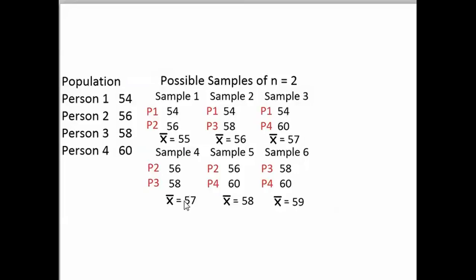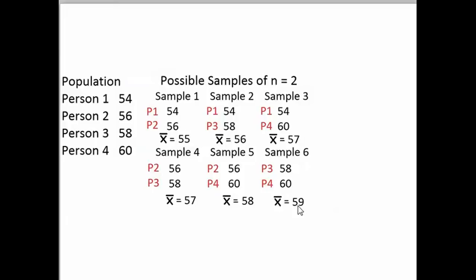If I end up selecting sample 3 or sample 4, then my sample mean will end up perfectly estimating the population mean. But if I end up getting sample 1, then my sample mean will underestimate the mean of the population. And if I end up getting sample 6, my sample mean will end up overestimating the mean of the population.